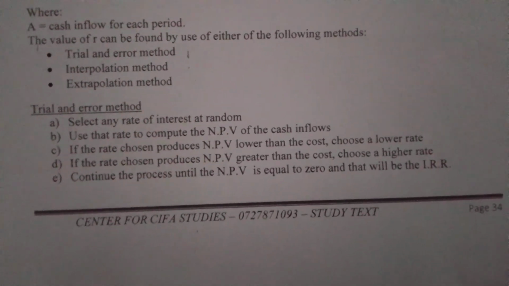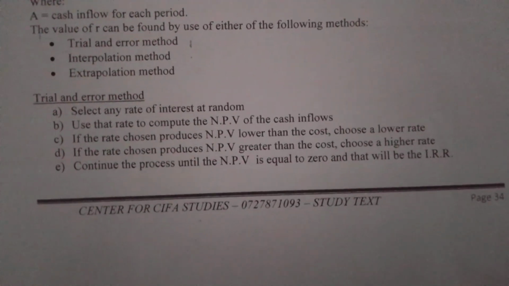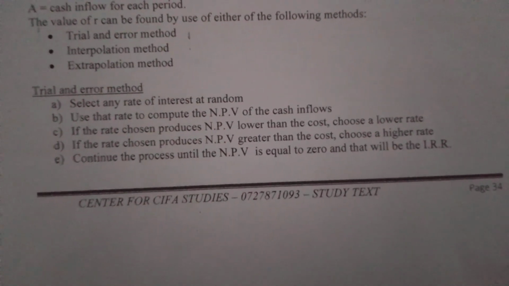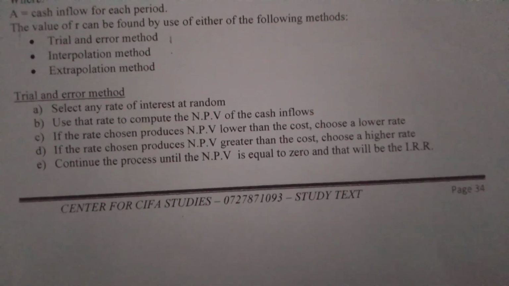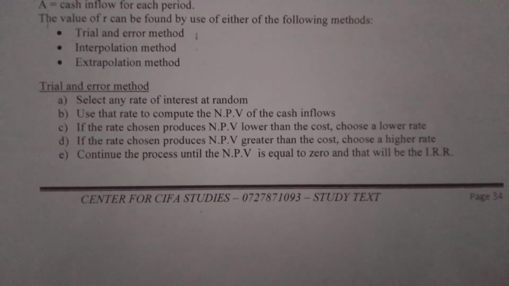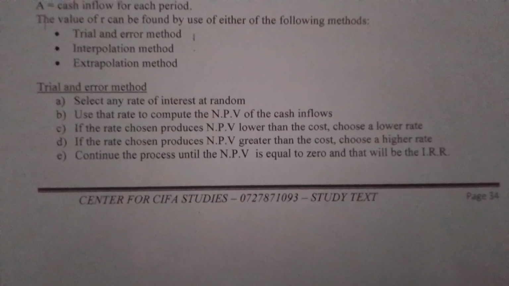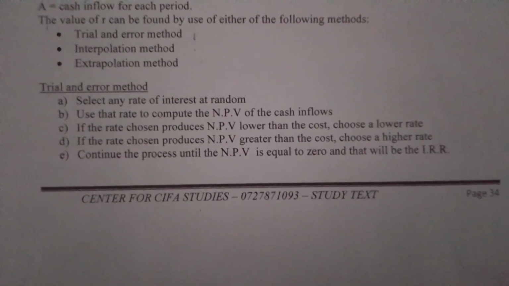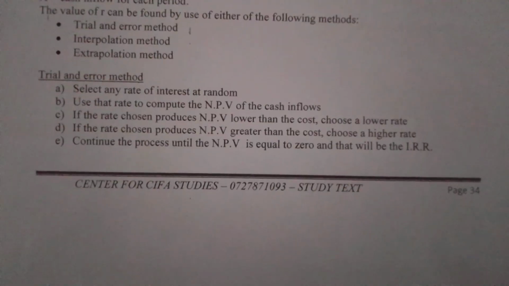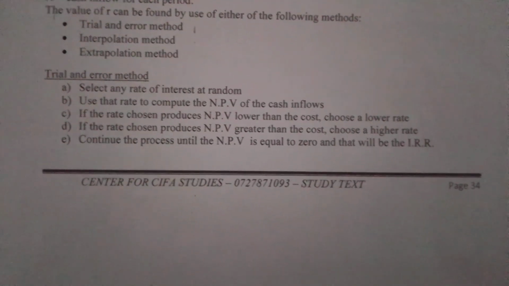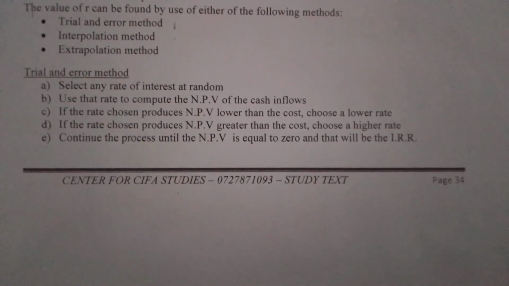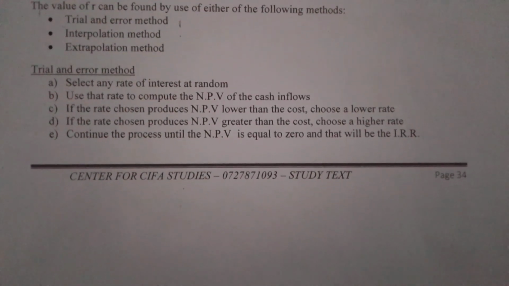So first, you are taking any rate, whether it is 10 or 11 or 5. Select any rate of interest and then use it to calculate the net present value of the cash inflows. Then if the rate chosen produces a net present value lower than the cost, you choose a lower rate. That's important.